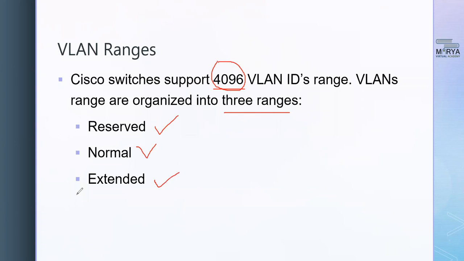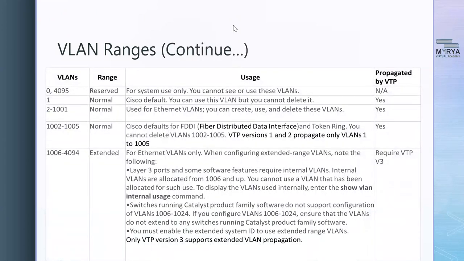Remember that these 3 ranges are sub-ranges of the main range. You can see here that it starts from 0 to 4095, the total range. But the first and last are reserved. Only the system can use them, and we cannot even see them.